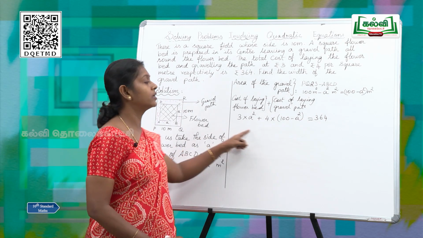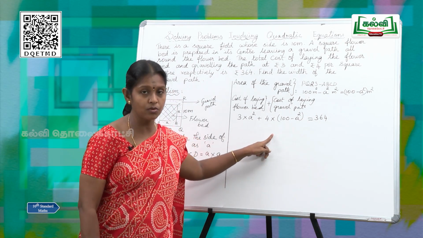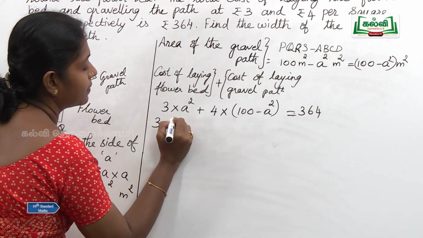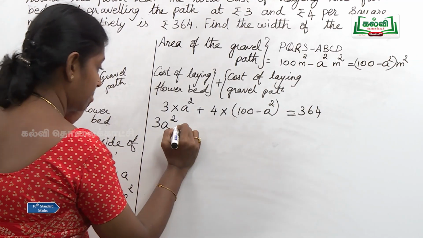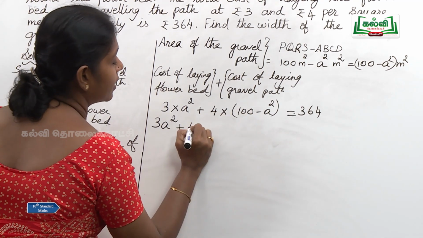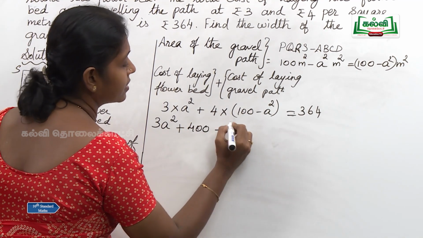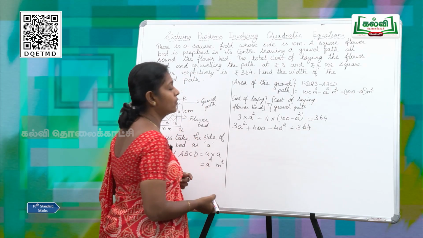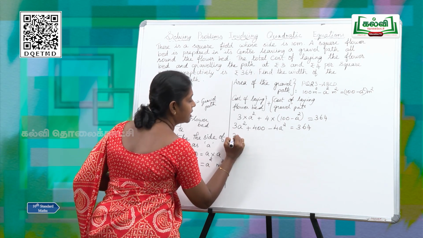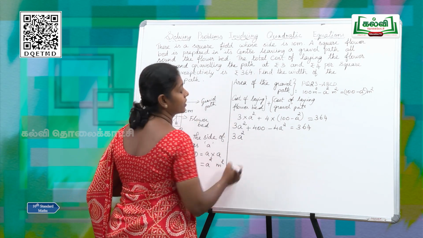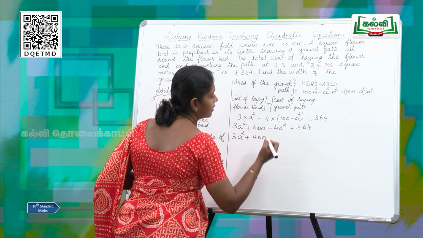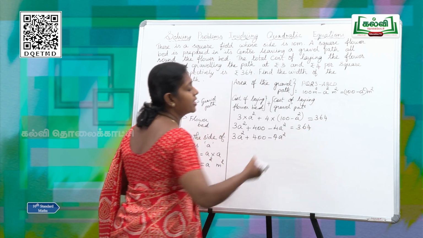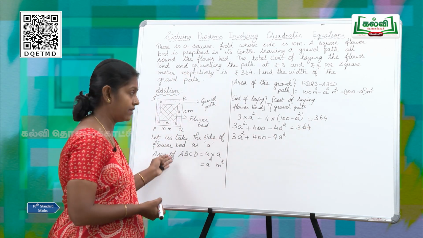Now, this is the final clue. We have to use this clue and make the quadratic equation as usual. Just multiply these two: 3a squared plus 4 into 100, 400, minus 4a squared, which is equal to 364. Now, listen, 3a squared plus 400 minus 4a squared; change this 364 to the left.